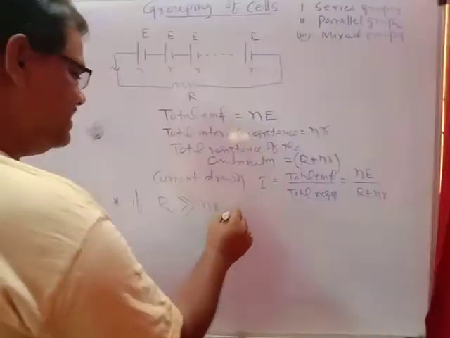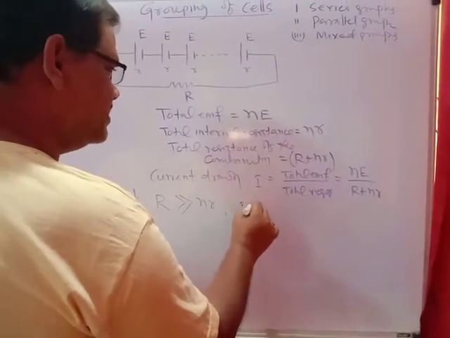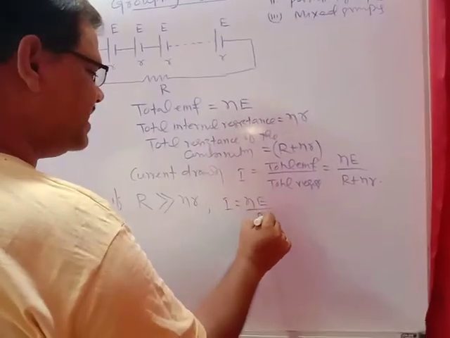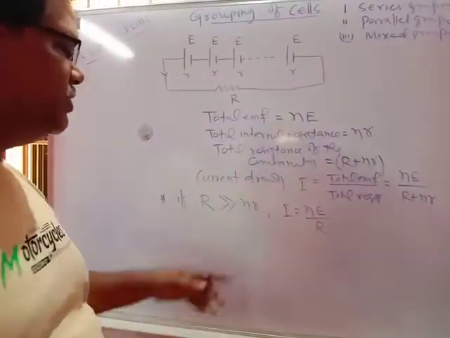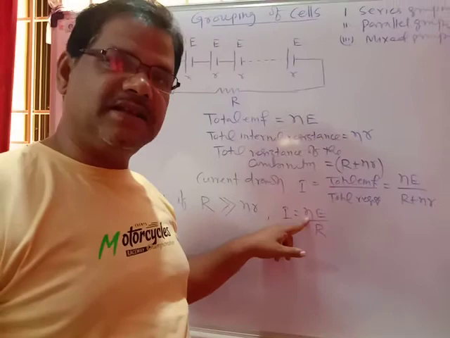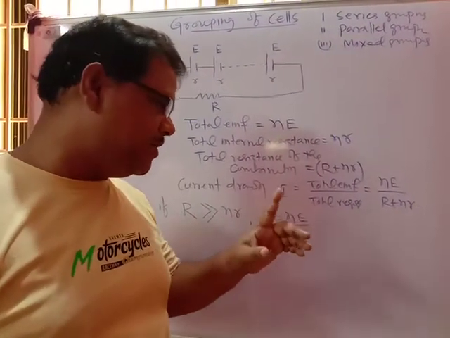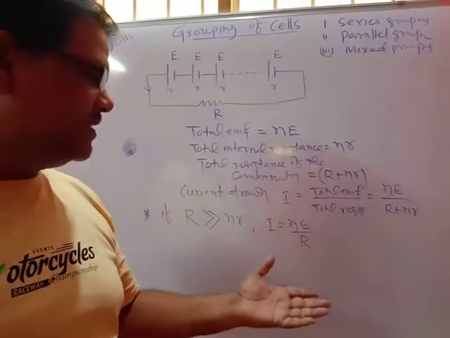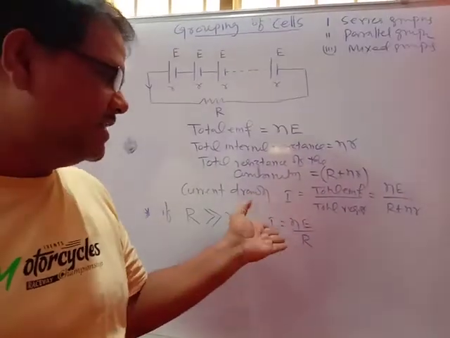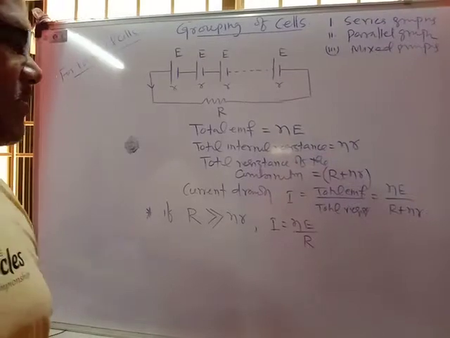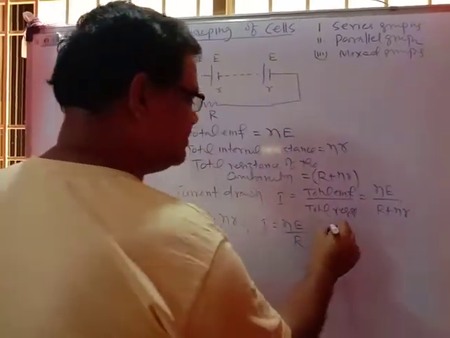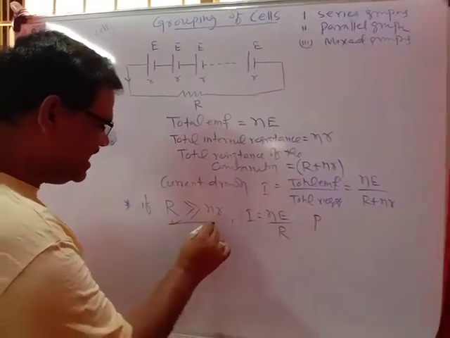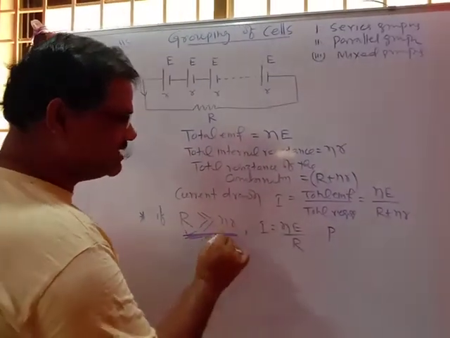So what will be I in this case? I equals NE upon capital R. That means the current drawn depends upon the number of cells connected. If for one cell you get the current E upon R, for N number of cells you get NE upon R, which means the current increases. So this type of grouping is preferable. Series grouping is preferable whenever the load resistance is greater than the total internal resistance.